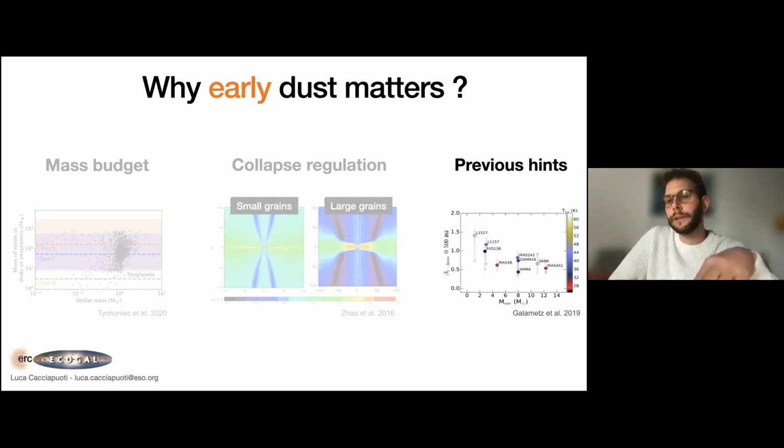And basically what you can get from this plot is that the objects that have beta, this beta on the y-axis, below 1 can be interpreted as having large, when I say large, I mean millimeter grains in their envelopes. And so we want to start from here and advance what they started, using more frequencies and more scales to trace eventual gradients and so forth.